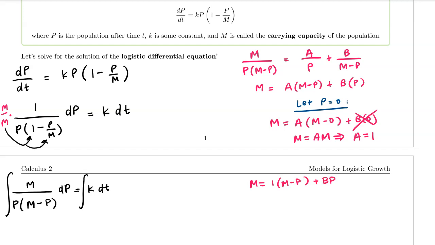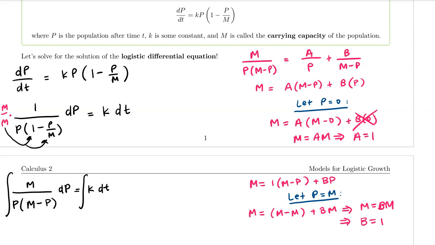plus BP. And another choice of P we could do is let capital P equal capital M. If we do that, we get capital M equals M minus M plus B times M. And if we solve for B here, by dividing both sides by M, we end up getting B is equal to 1.